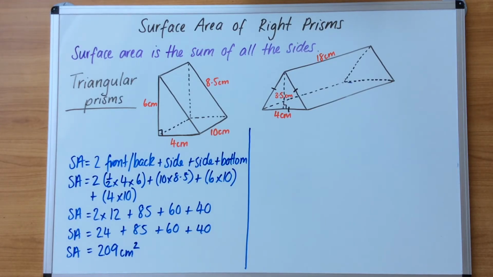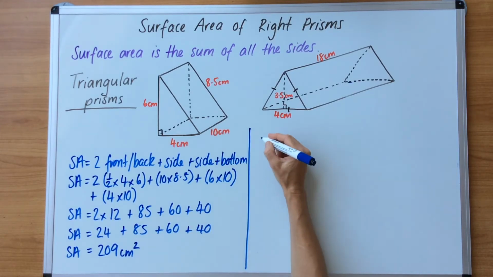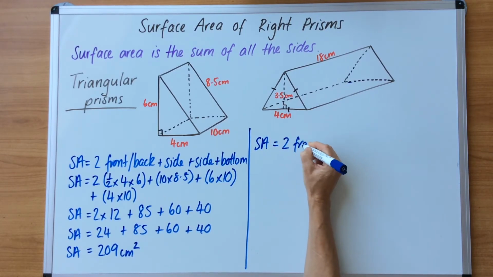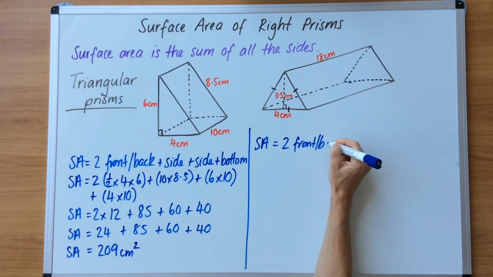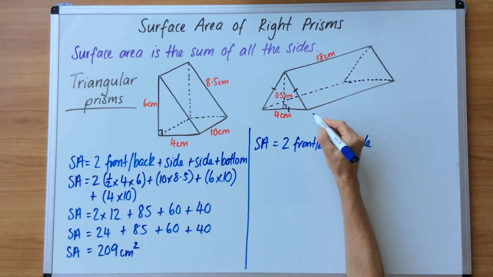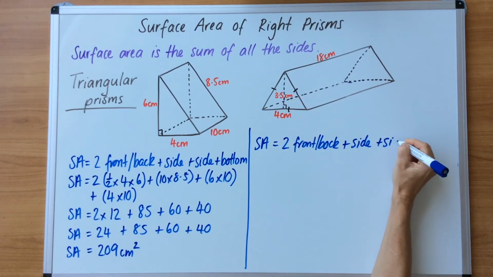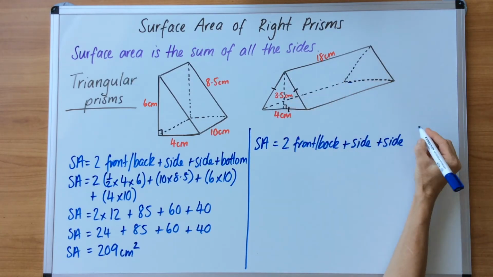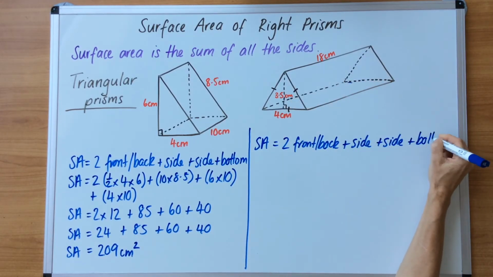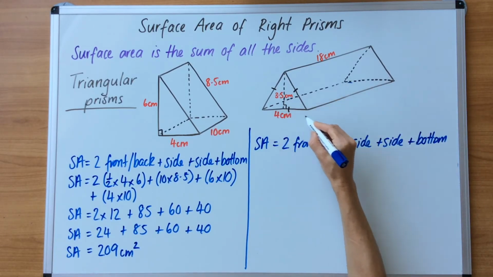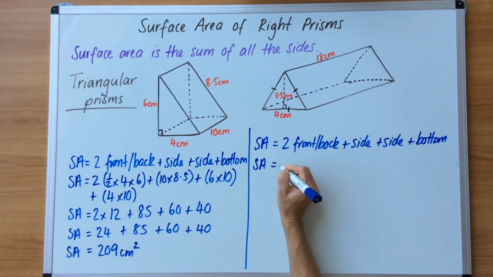Let's take a look at this second triangle here on the right. It's exactly the same process, so it's the same rule. So 2 front and back, that's the triangles, the main shape of this prism, plus a side, plus another side, and plus the bottom, which is what it's sitting on. Second line is our substitution.